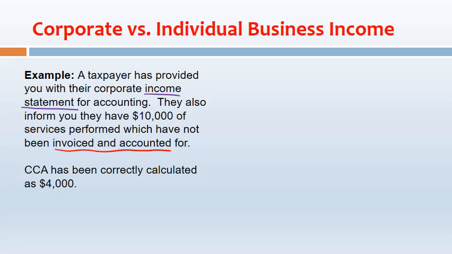This person, for their corporation, doesn't seem to be accounting for transactions using generally accepted accounting principles, which of course is wrong. But I just wanted to demonstrate some of the ideas behind how business income is recorded for tax purposes within a corporation. We've also got information regarding CCA having been correctly calculated as $4,000.